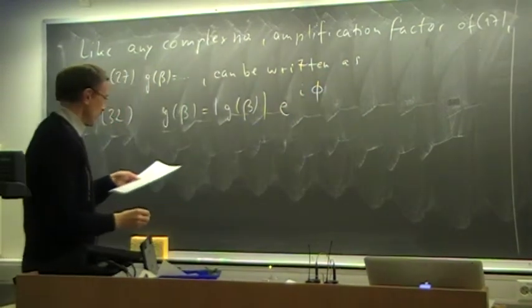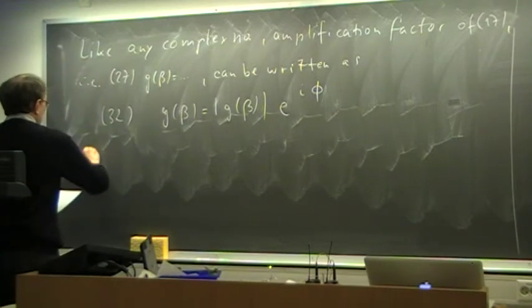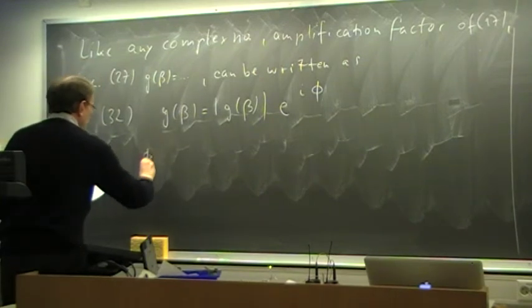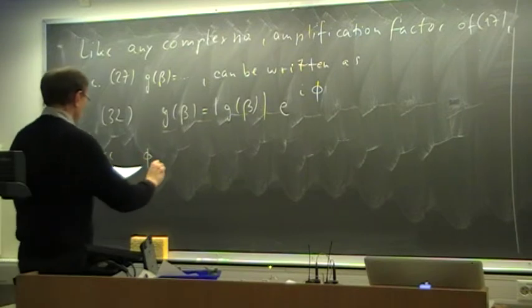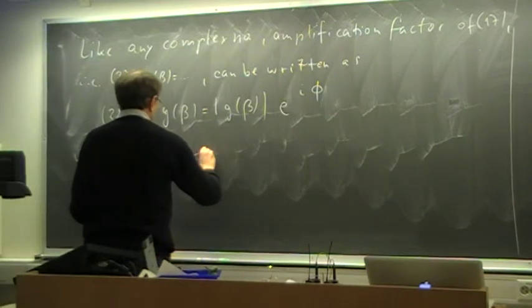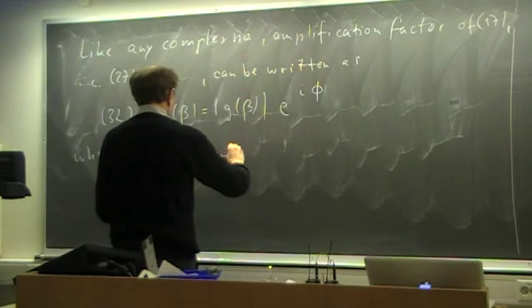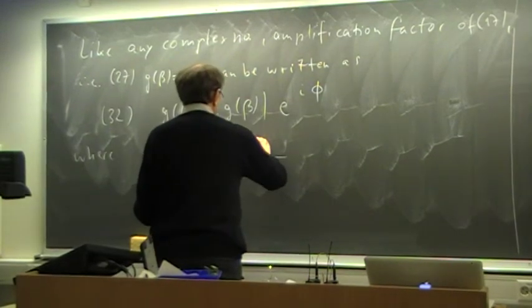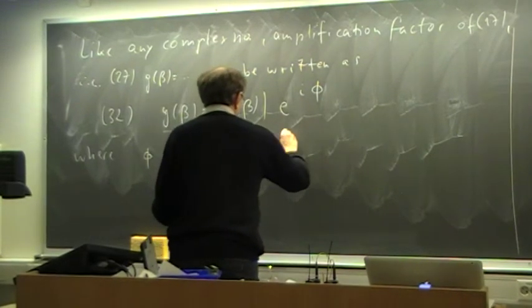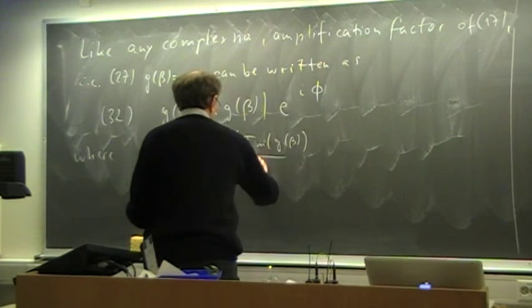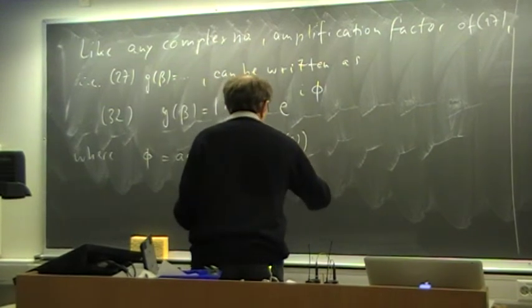We can express that. And in here, the phi is then the arctangent of the imaginary part of G of beta divided by the real part of G of beta.